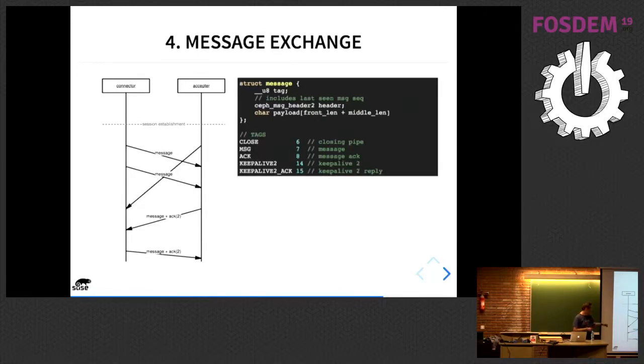So they send messages. The acceptor can piggyback acknowledgements in other messages, and if the peer is not sending any message, we have a special acknowledgement message to say I already received up to that point. Okay. So this is the high-level overview of how this new protocol works.